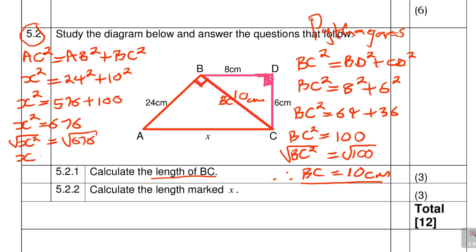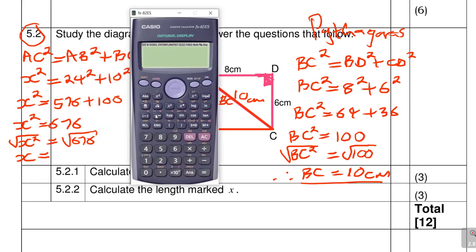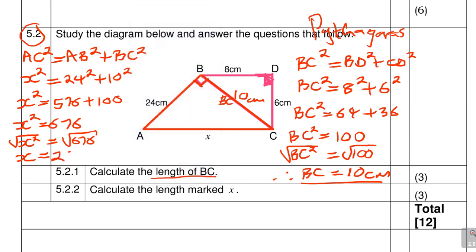Then you have our X. Now what is our X? It's the square root of 676. Square root of 676 is giving me 26. So there it is. 26 what? Centimeters. Don't forget. Calculate the value of X. It is 26 centimeters. That is how you can get this total mark of 12.